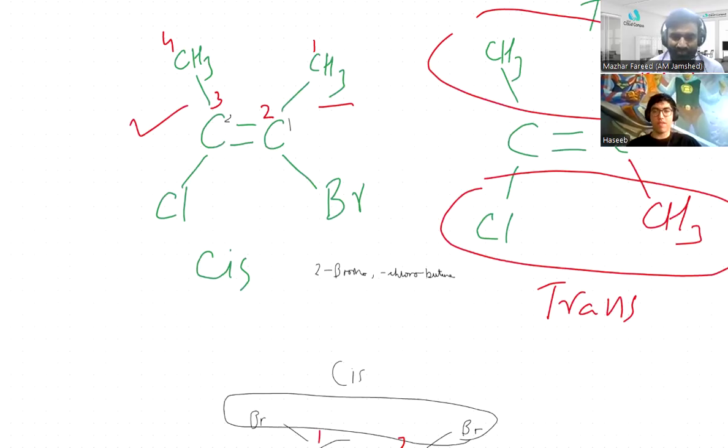3. And you have also mentioned the double bond, 2 butene. 2 bromo, 3 chloro, 2 butene.